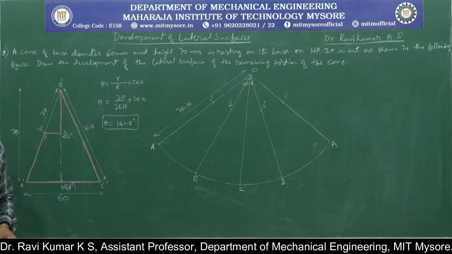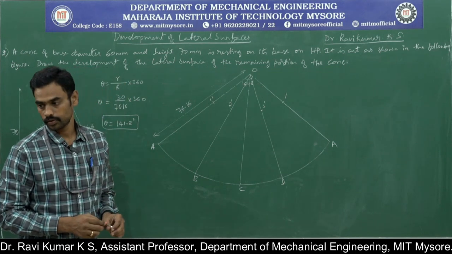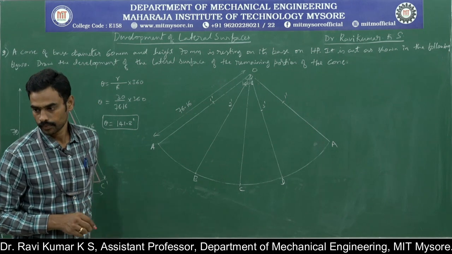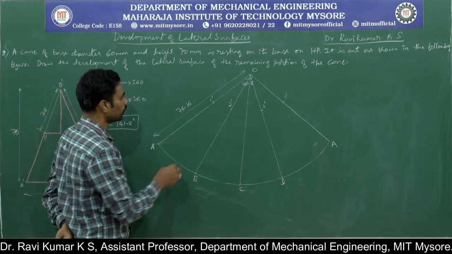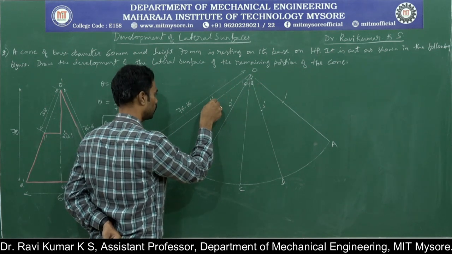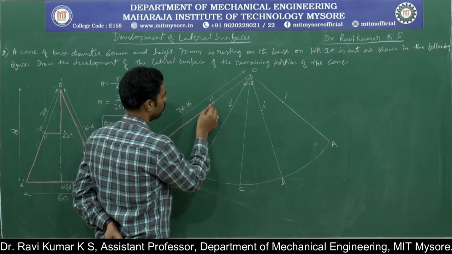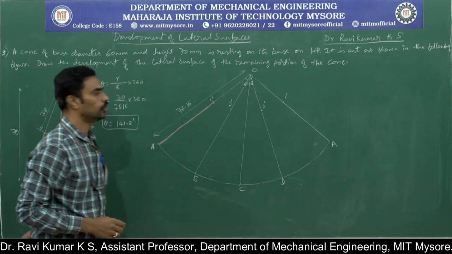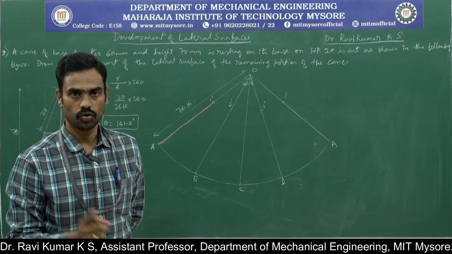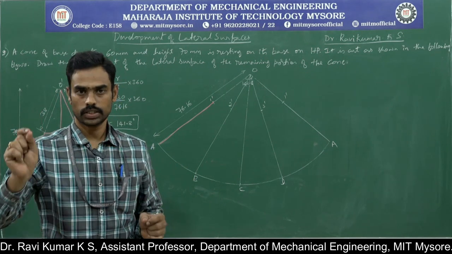Now you need to darken only the retained portion of the figure. This is the retained portion, 1 to A and 1 to 2. You need to join 1 to 2, and since it is a cone, if you cut open the cone you will find a curve, not a straight line.